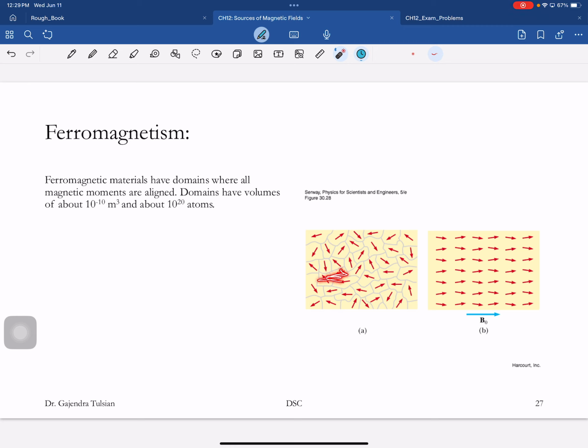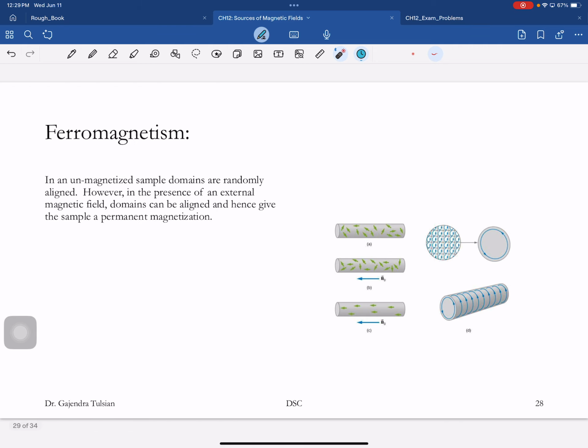Can we make this into a strong magnet? Can we line all the domains up? If you apply a strong enough magnetic field, yes. If you make it into a cylinder and pass a current, these would line up like that. So you can make a strong magnet.